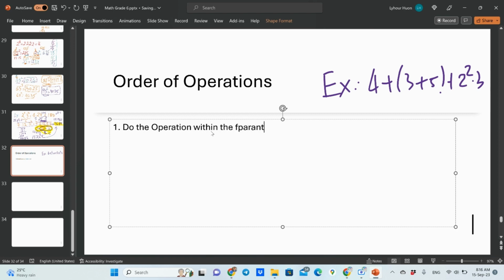Parentheses first. Okay, first step is parentheses.